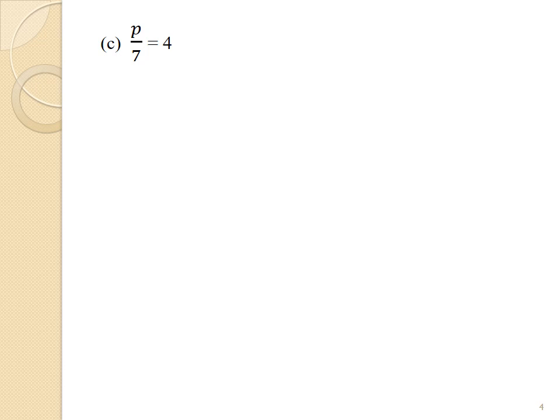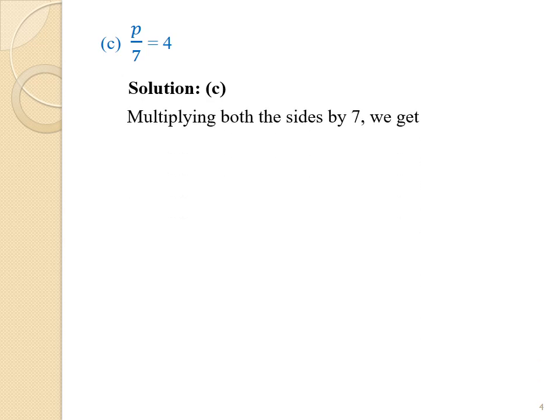Now, sum C. P upon 7 equals to 4. Students, in this equation, we have to use multiplication law. Multiplying both the sides by 7, we get P upon 7 multiplied by 7 equals to 4 multiplied by 7.